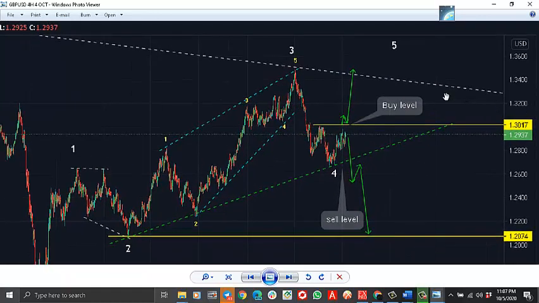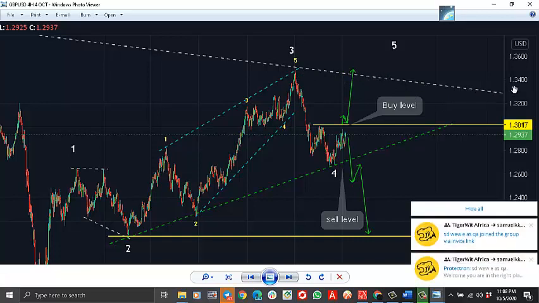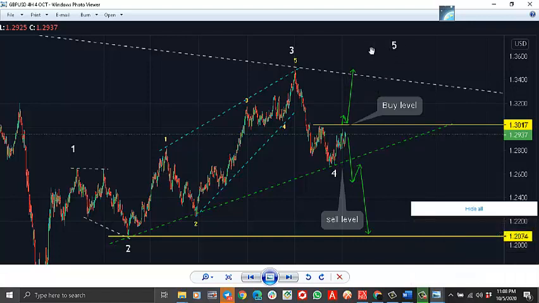First of all, if you buy, you take your profit on this line, which will be around 1.33 or thereabout. Then you watch. If we have a flag here, you buy again and target maybe 1.36. But all I'm saying is that after this line is taken, I'm going to buy.